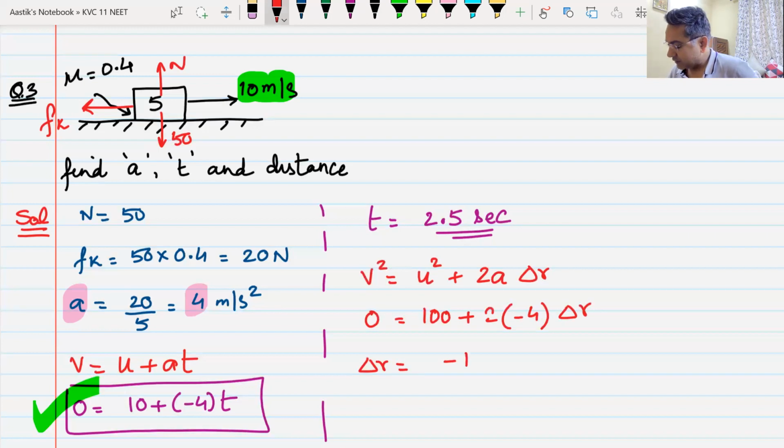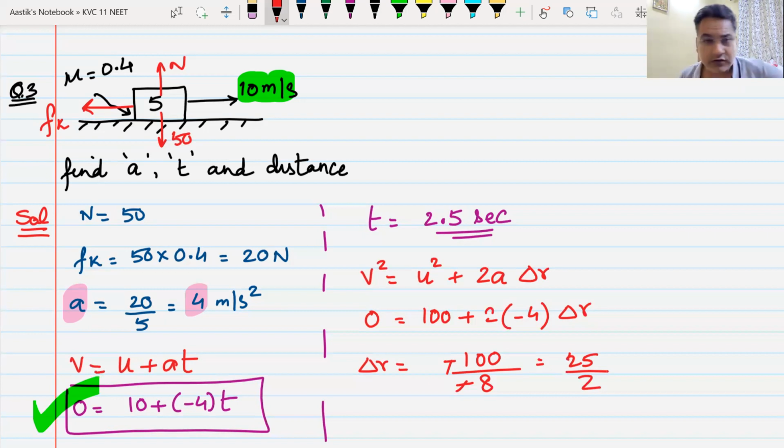Displacement will be minus 100, 100 will go on the other side, divided by minus 8. You will get 100 divided by 8, which is 25 divided by 2. That is the answer for your displacement. And the previous one, 2.5 seconds, is the answer for your time.